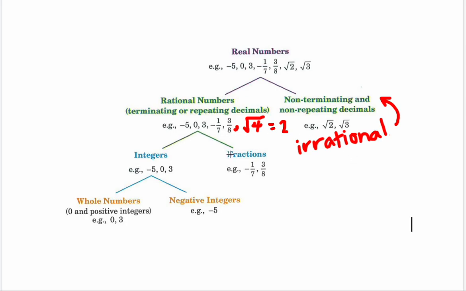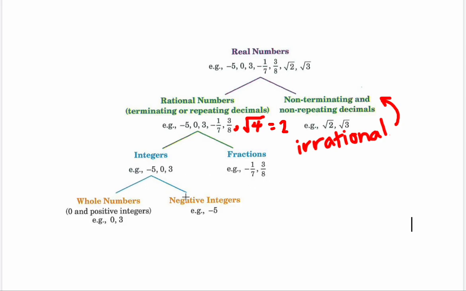Okay, now looking at our rational numbers, the ones that end or repeat, they can either be categorized as integers, so those are positive or negative whole numbers, or fractions. So either they're a whole number, they got no other remainders or any other parts, no decimals, or they do have some parts. They don't quite make a whole.